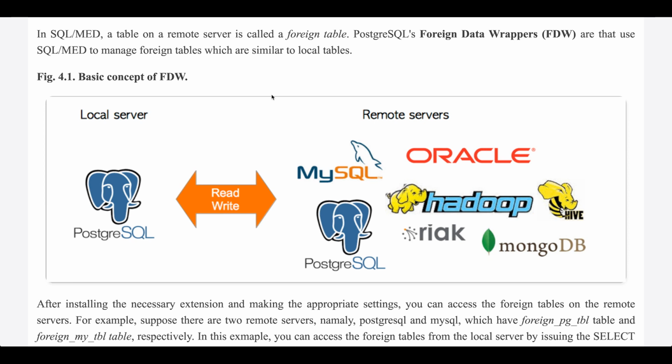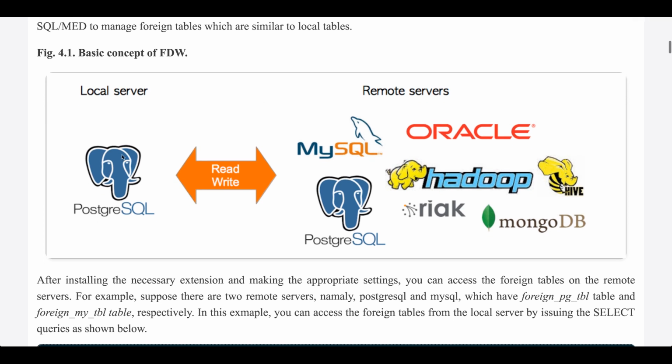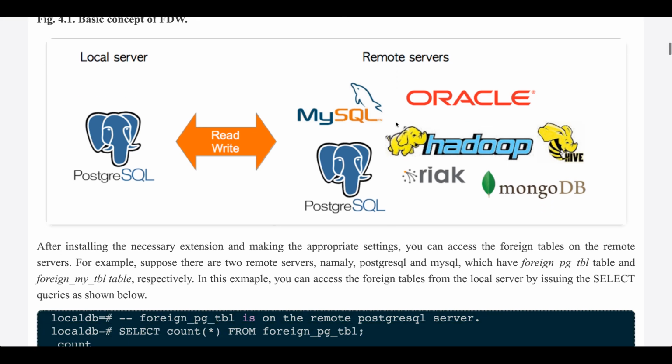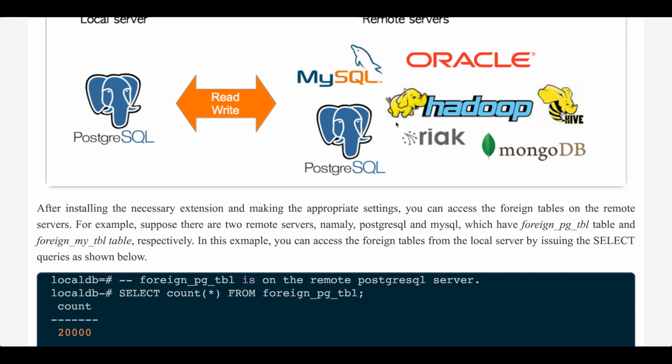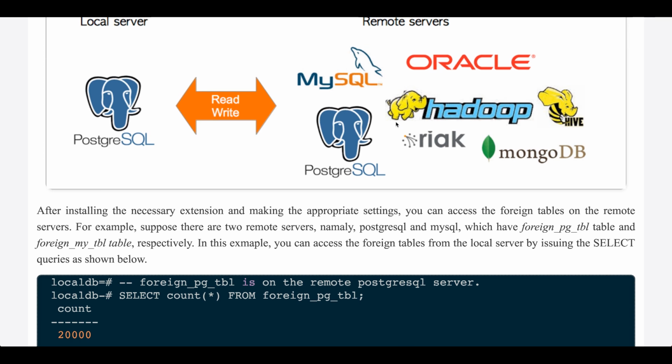Here's a basic concept of foreign data wrappers. So you have a local server, and then you have these remote servers. After installing the necessary extension and making the appropriate settings, you can access the foreign tables on the remote servers.